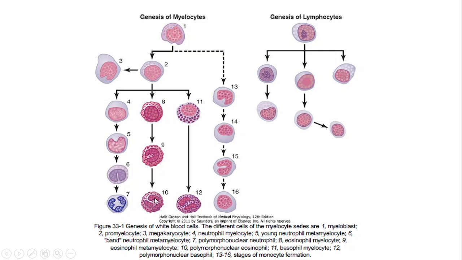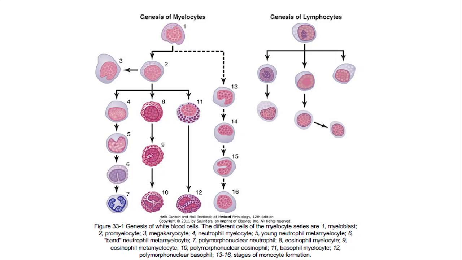Neutro, baso, and eosino: these names came from the stain that they accept. Neutro comes from neutral, that means it doesn't take any color on staining. Eosinophil, eosino, comes from acidic. That means it has an affinity for the acidic stain, and that's why it will appear reddish in color.